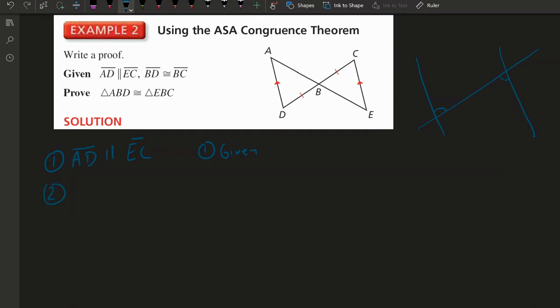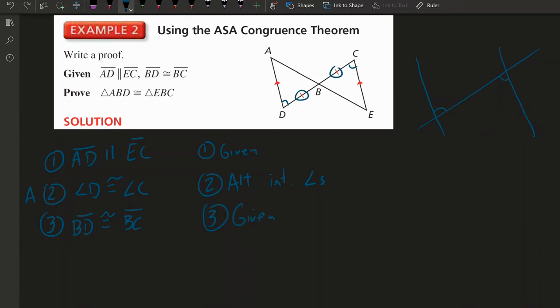So step 2, I can say, since those lines are parallel, angle D must be congruent to angle C, and that's because of alternate interior angles. So that's an angle. Step 3, oh, I see that I've got these sides here that was given. So I can say BD is congruent to BC. That one was given. I could have said that one earlier.